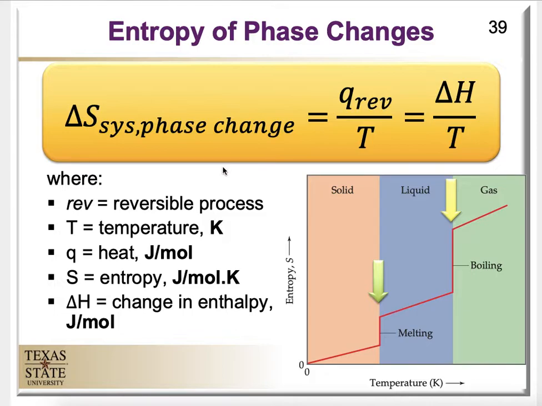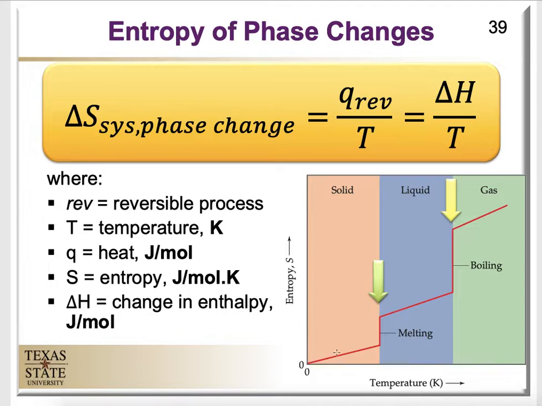It's still water; it hasn't changed to any other chemical compound or molecule. So it's just a phase change. To calculate the entropy change for the system, we take the heat associated with that change divided by the temperature. Here it says heat Q reversible, because a phase change is a reversible change. We can also calculate it as the enthalpy change for that phase change divided by the temperature in degrees Kelvin.